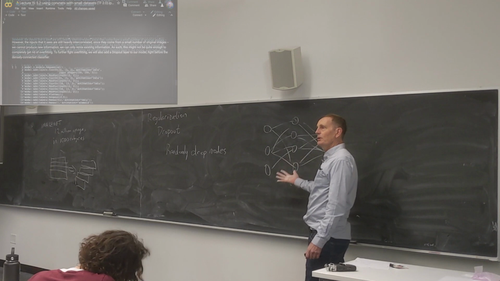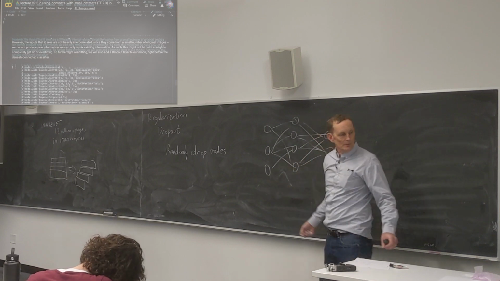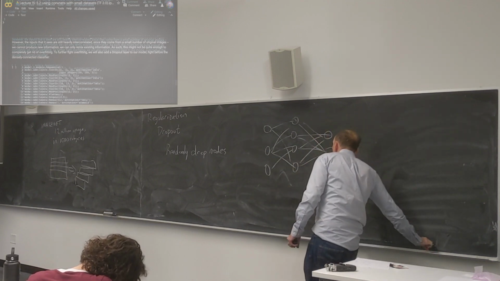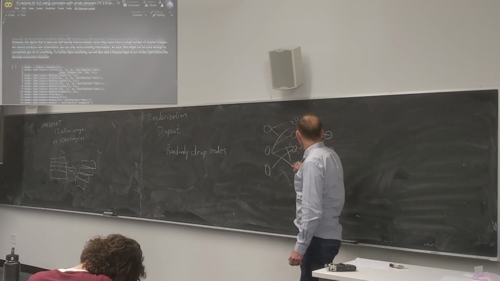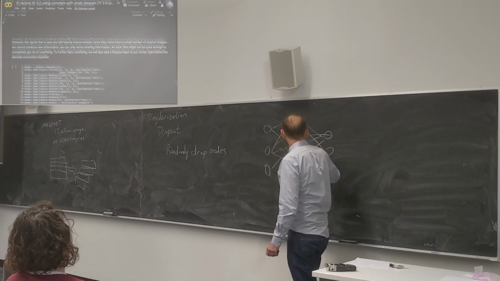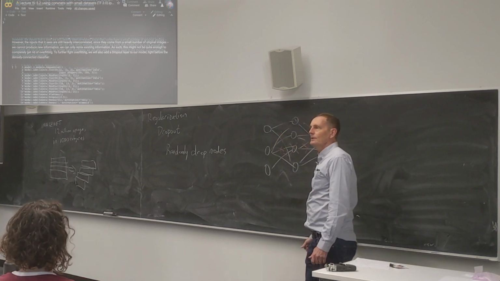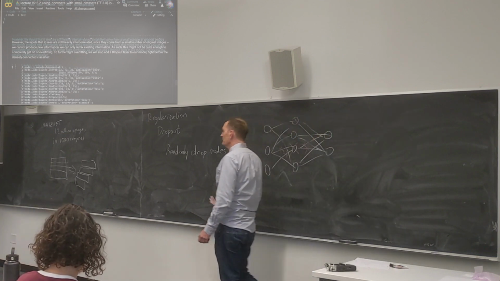Okay? And that will impose a new network. So if we get rid of this node, that node will go away. And effectively, so will the incoming weights and the outgoing weights. So this is a stripped down network.